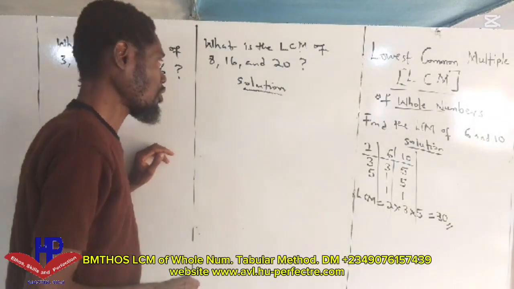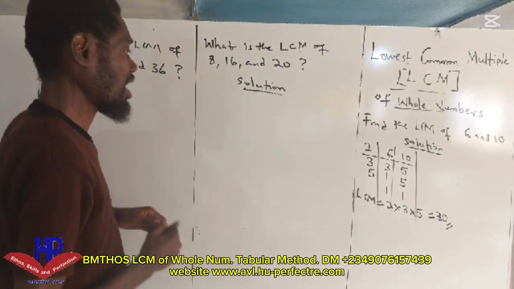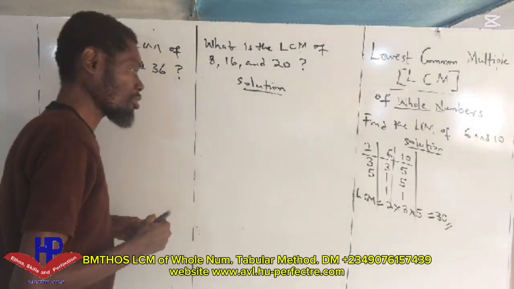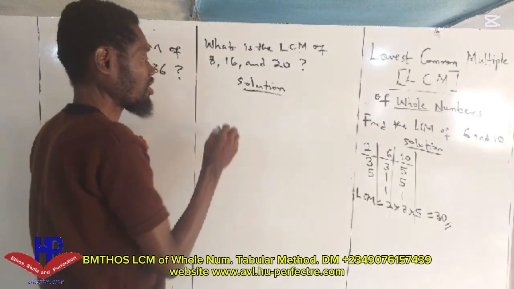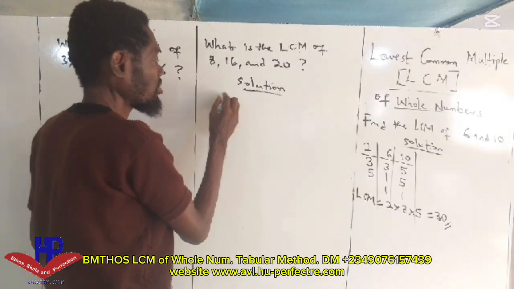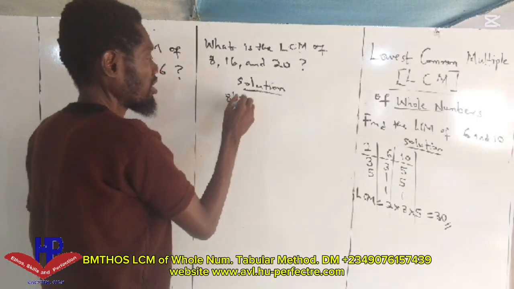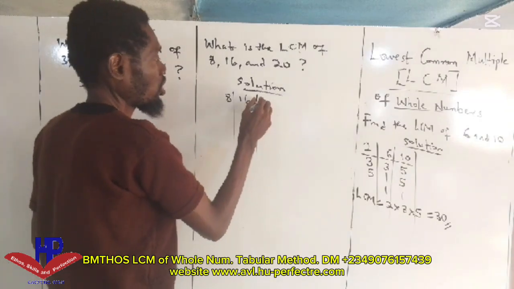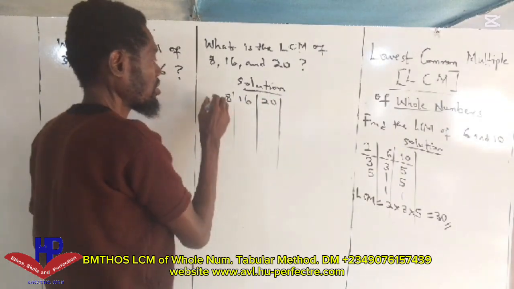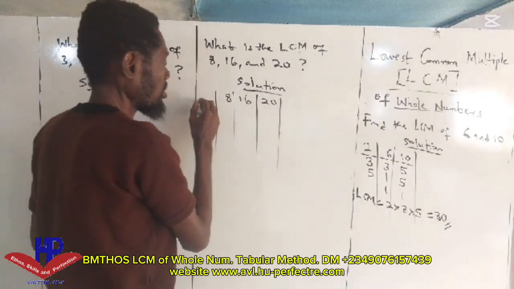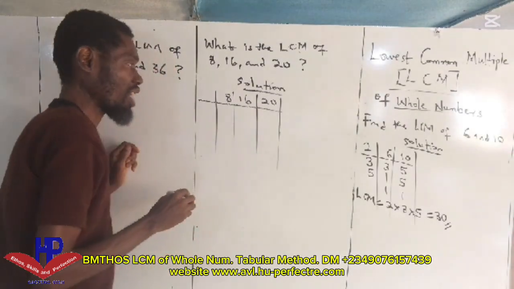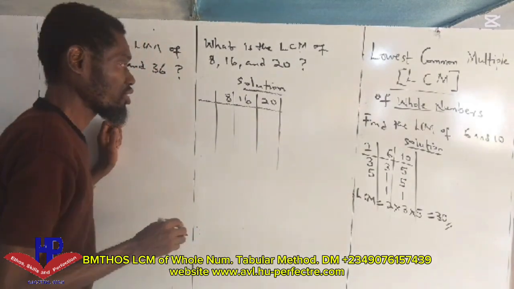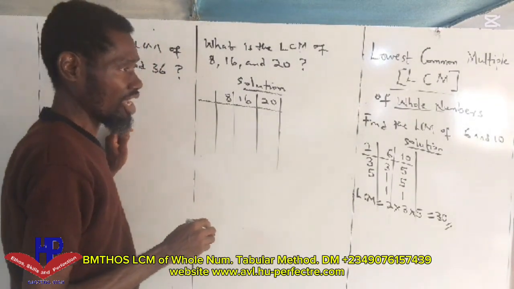What is the LCM of 8, 16, and 20? Tabular method. 8, 16, 20. What can divide 8, 16, 20 at the same time?